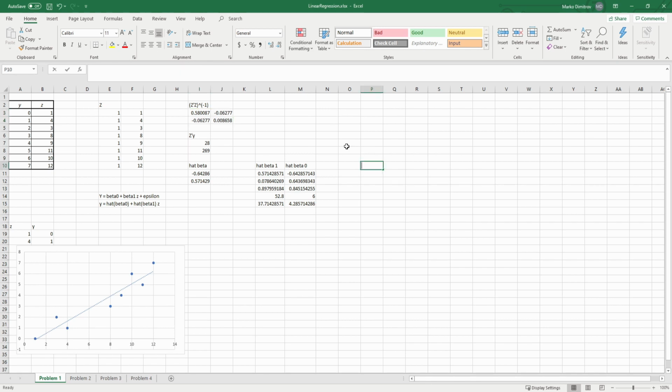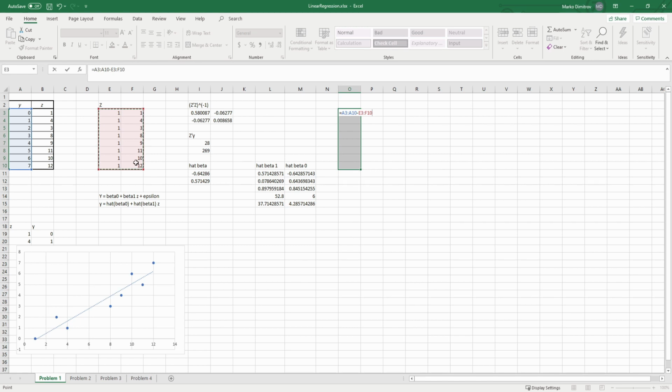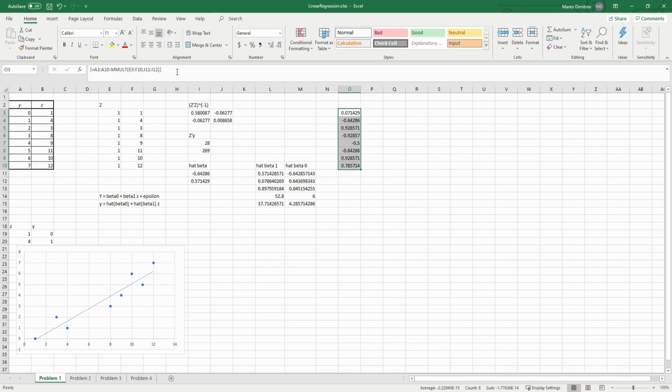To compute the residuals, so residuals is a vector, right? We need our y minus z hat beta. So we need matrix multiplication of our z and our hat beta, so our estimated values. Okay, so this is our, let's call it hat epsilon.